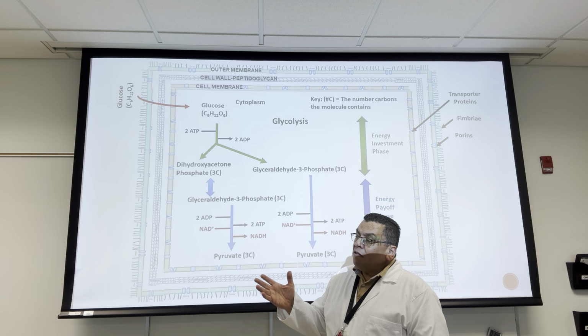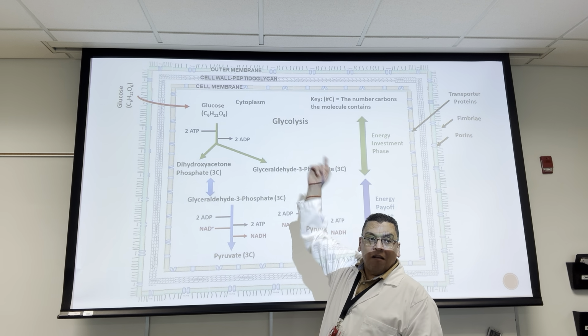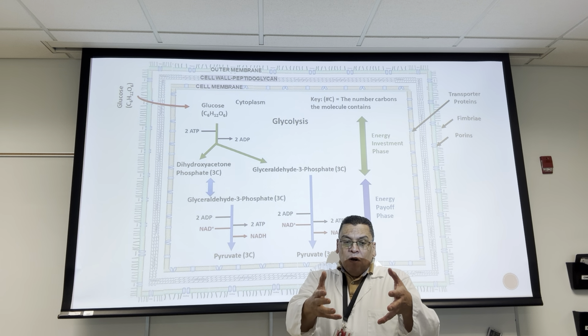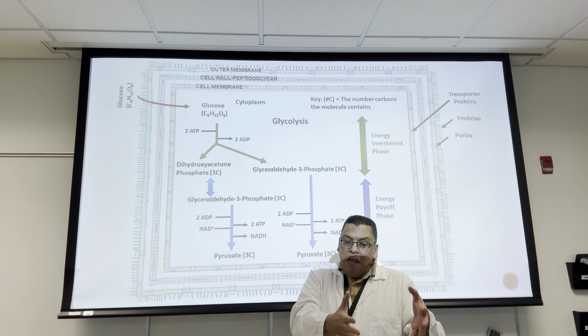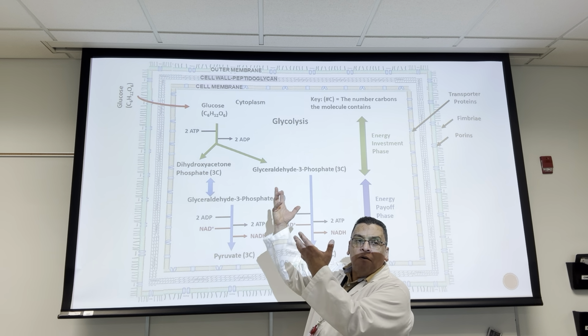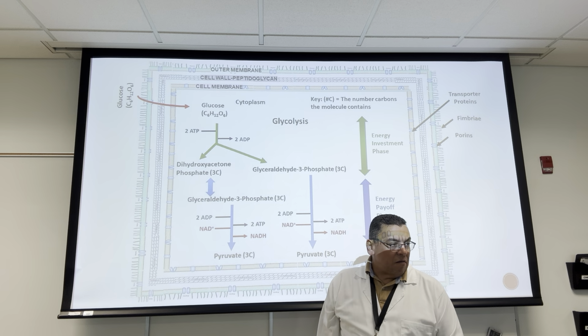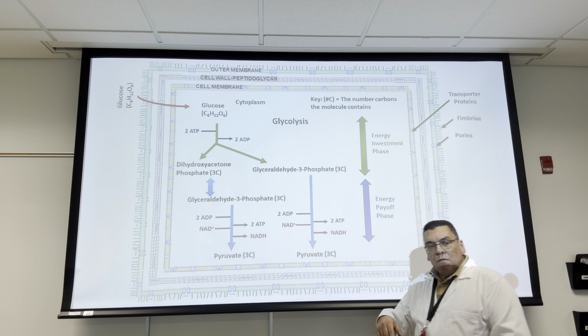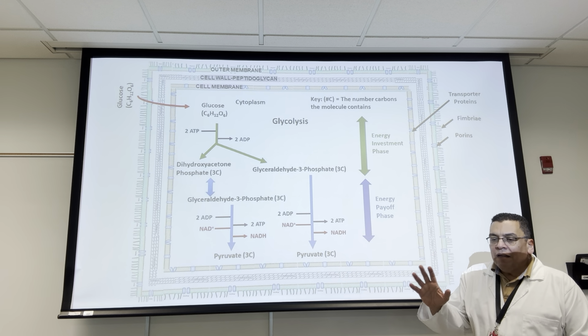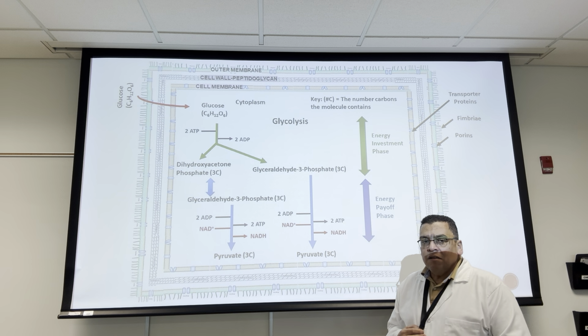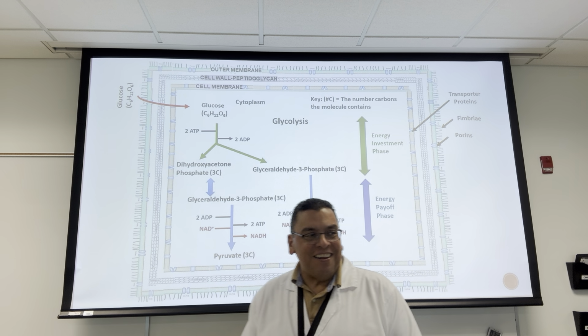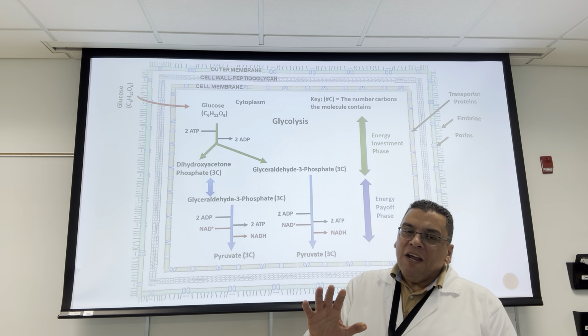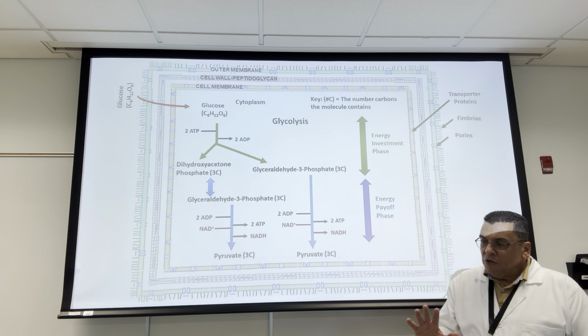I can also convert things back to fat. I can take acetyl-CoA and make fat out of it if I need to, or cholesterol, or whatever I need to do. It's amazing, the interconnectedness of things. Thank God we're not doing all that. We're only looking at the breakdown of sugar.